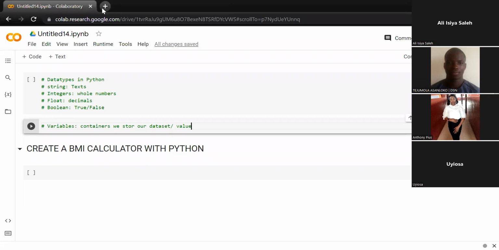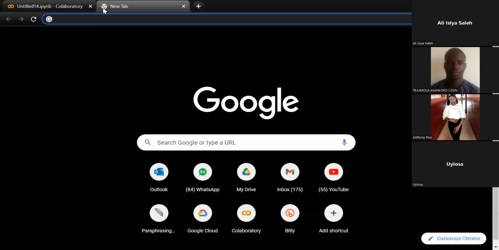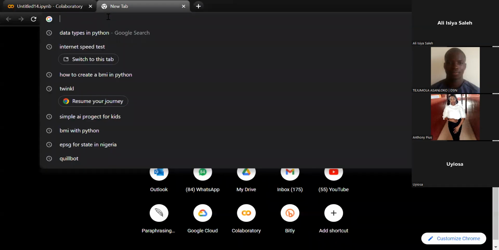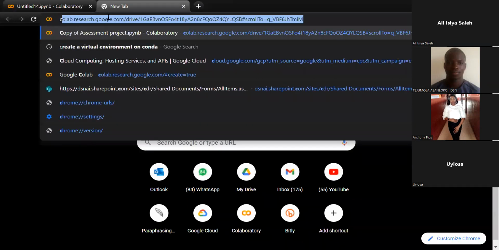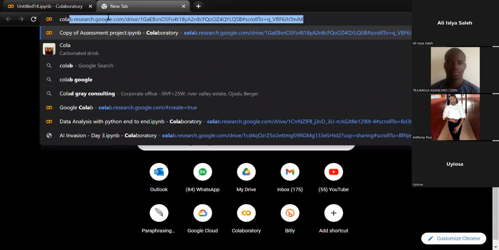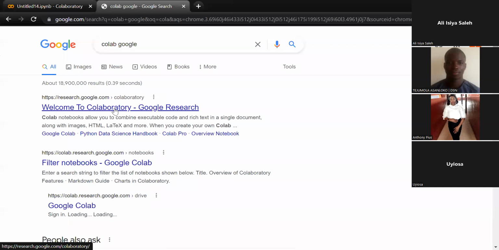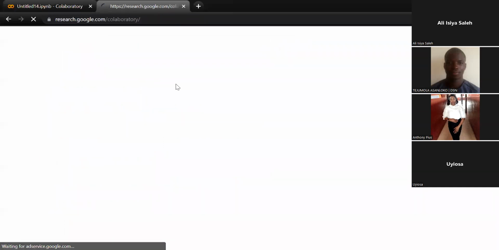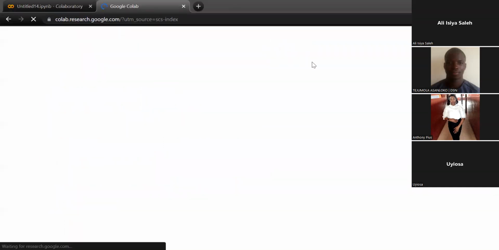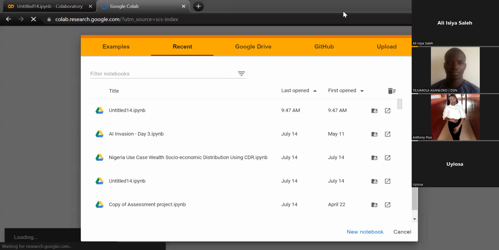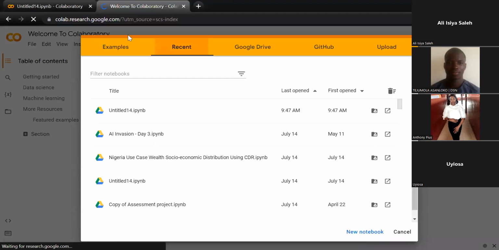To launch this kind of interface that you're looking at, just search Google Colab online. Welcome to Google Colab. You just click it. I've opened a lot of notebooks, that's why you are seeing all of this.